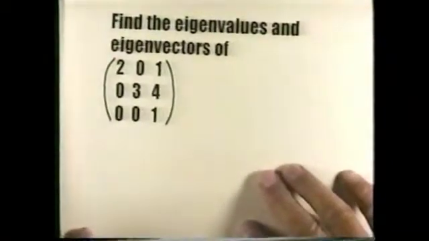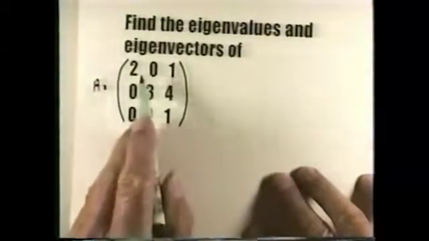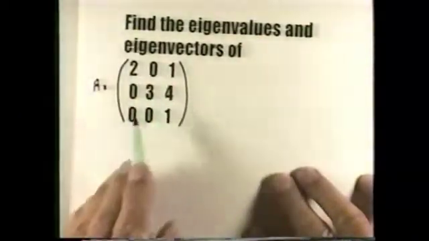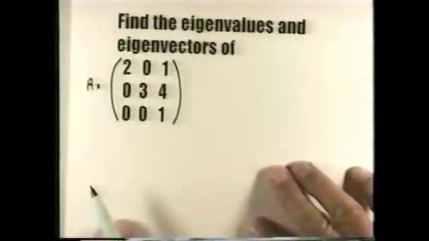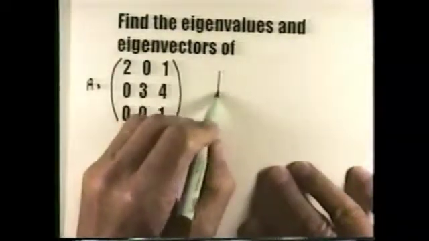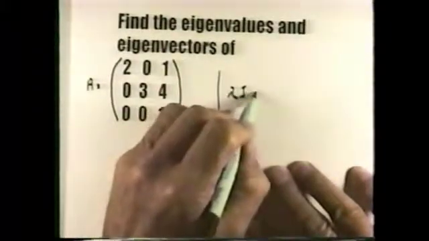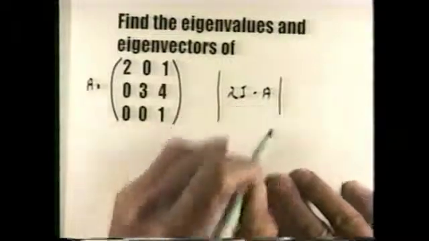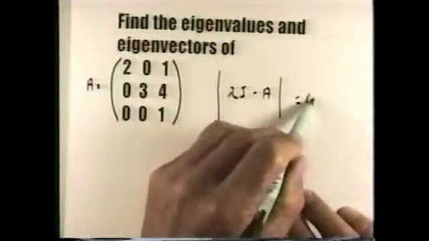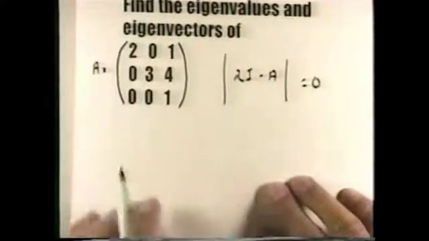Find the eigenvalues and eigenvectors of the matrix A equal to 2, 0, 1, 0, 3, 4, 0, 0, 1. Well, we want to find lambda such that the determinant of lambda I minus A is equal to 0. So that's what we proved on the last sheet. We want the determinant of lambda I minus A to equal 0.